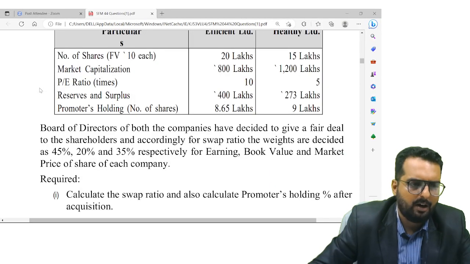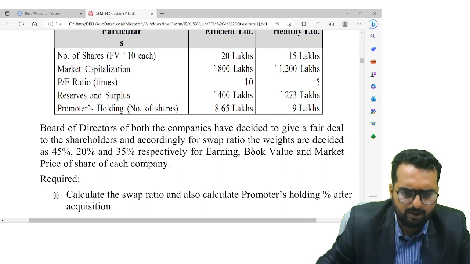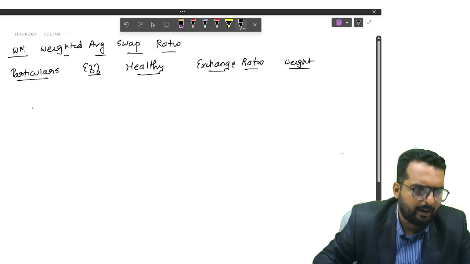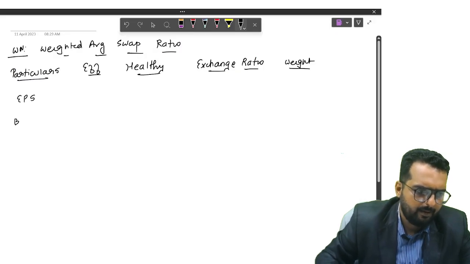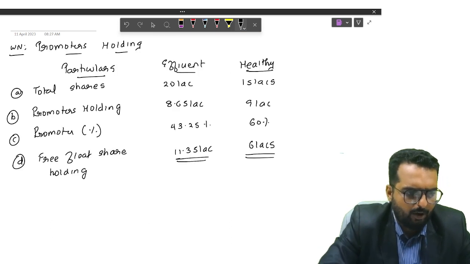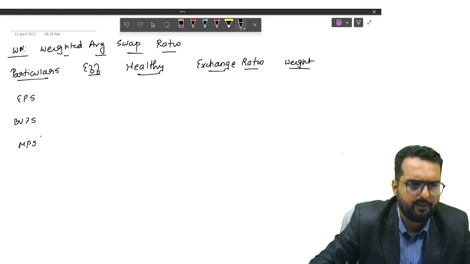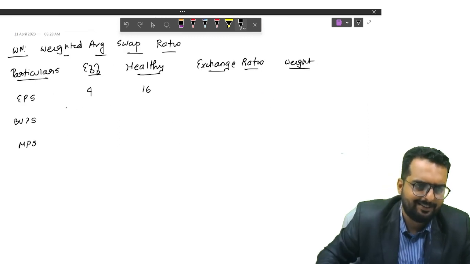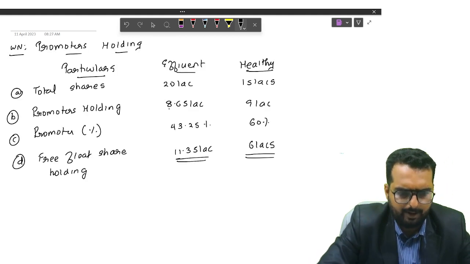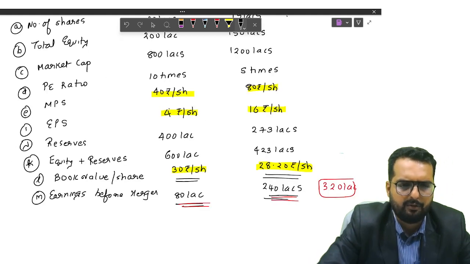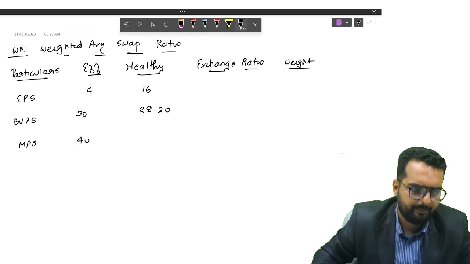First we will put it based on earnings, book value and market price: EPS, book value per share, market price per share. The EPS we got is 4 and 16. Book value is 30 and 28.2. The last one is 40 and 80.